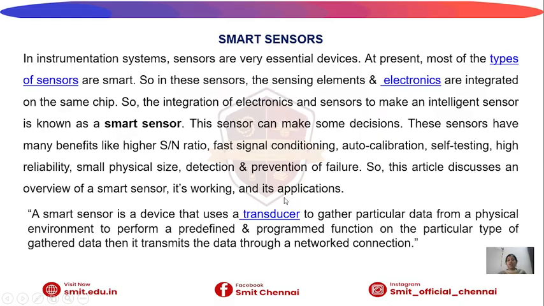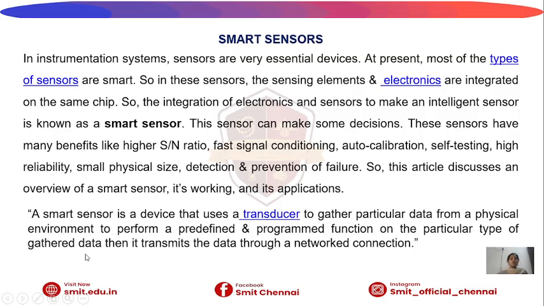Next is auto calibration, that is, it gets the true values automatically. Next are self testing, high reliability, small physical size, and detection and prevention of failure. So these are the benefits of a smart sensor. That's why we are using this. It looks like a chip.